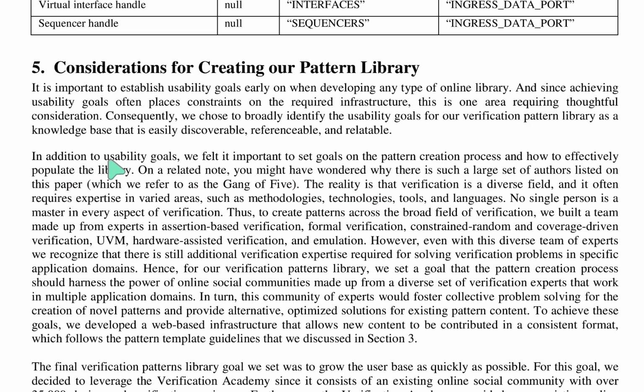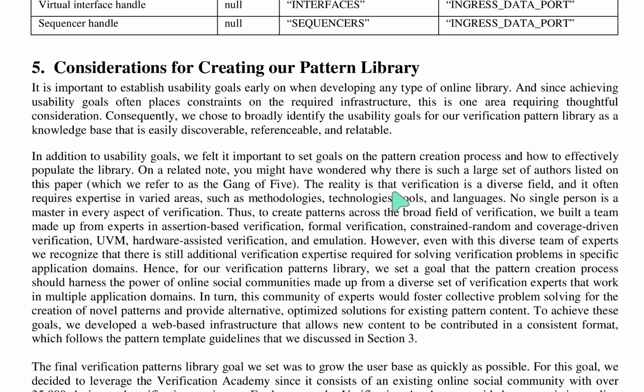In addition to usability goals, we felt it important to set goals on the pattern creation process and how to effectively populate the library. On a related note, you might have wondered why there is a large set of authors listed on this paper, which we refer to as a GAN or 5. The reality is that verification is a diverse field and it often requires expertise in varied areas such as methodologies, technologies, tools, and languages.